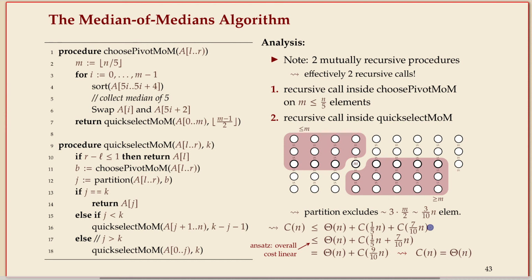Question? If you choose a larger number than 5 for the number of elements in a column, it gets closer to n over 2? So if we make the columns taller, more than 5 elements, I don't think that this part improves much.